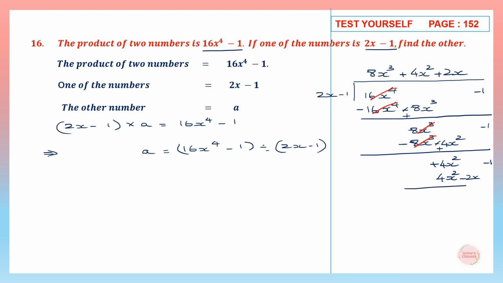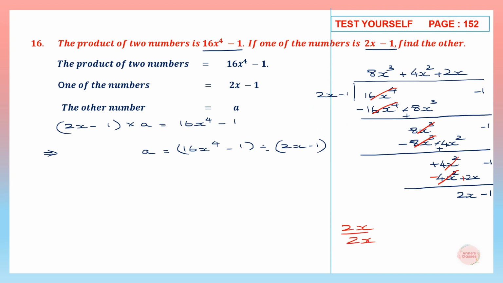So let's continue with the subtraction. When you subtract, this becomes minus and this becomes plus. These two get cancelled, and what is left is just 2x, and let's bring down the other one, which is minus 1. Again, take the first term of this and divide it by the first term of the divisor. So we have 2x divided by 2x.